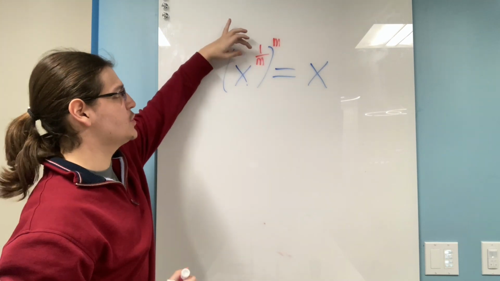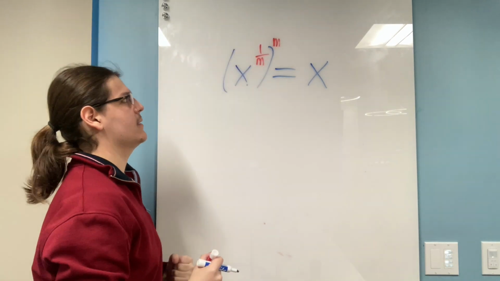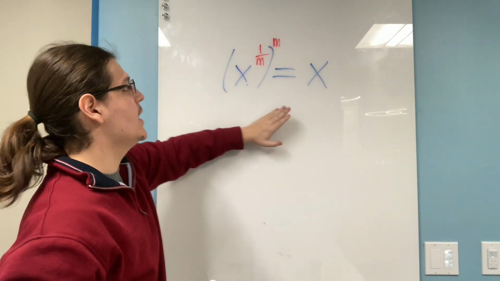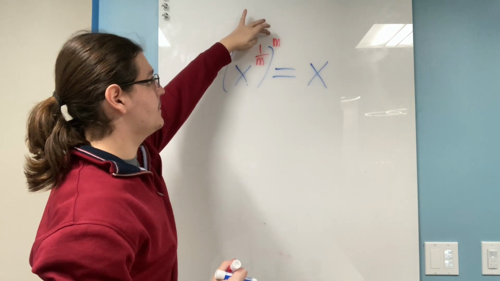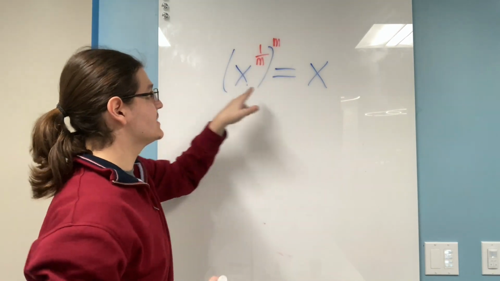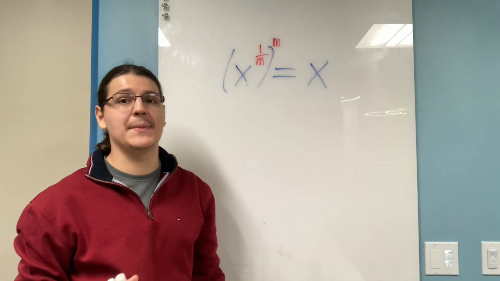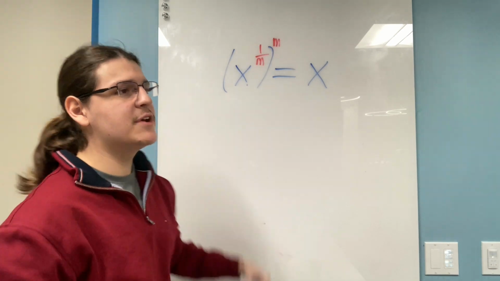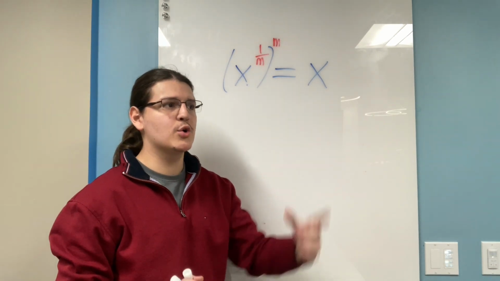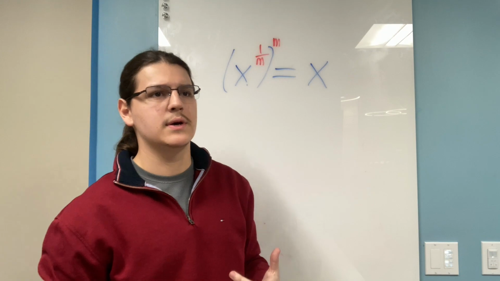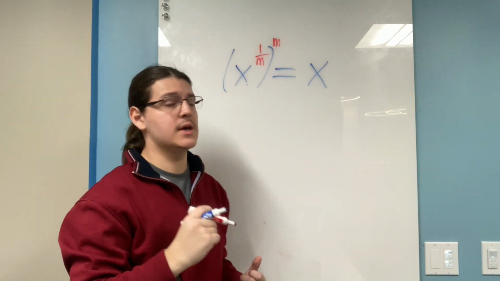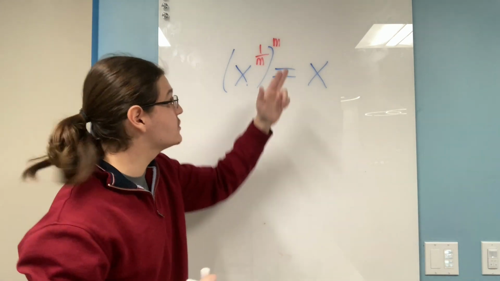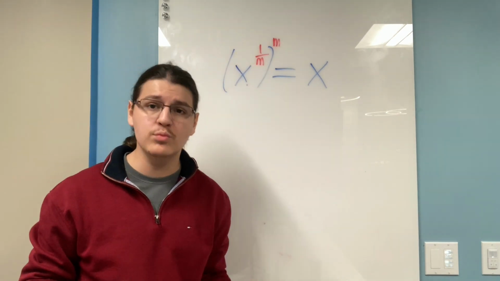But now, I still want to know if we can convert this into something. Now that we have the x on its own right here, we can get rid of the m. Whatever that does to this tells us what x to the 1 over m is. So, let's think here. When we have a number raised to a power, how can we undo that power? I am thinking roots. Because if this was a 2, your first thought would be to take the square root. If it was a 3, your first thought would be to take the cube root.